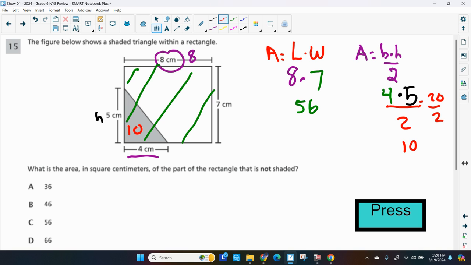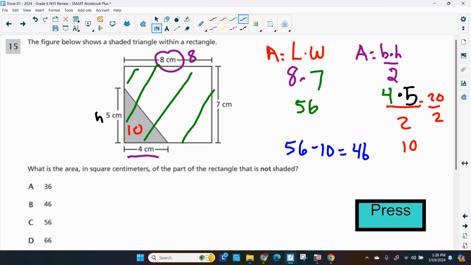And the rectangle is 56 square centimeters. If I want the area that is not shaded, I have to take the 56, which is the whole rectangle, and take away the 10 square centimeters from the triangle, and that'll get me a new area of 46 square centimeters.